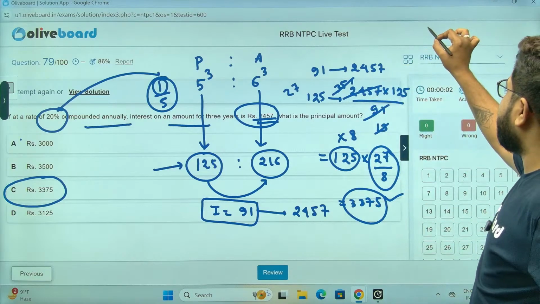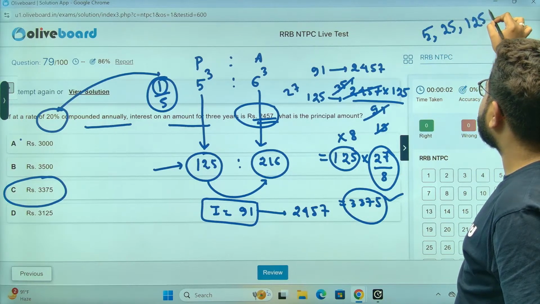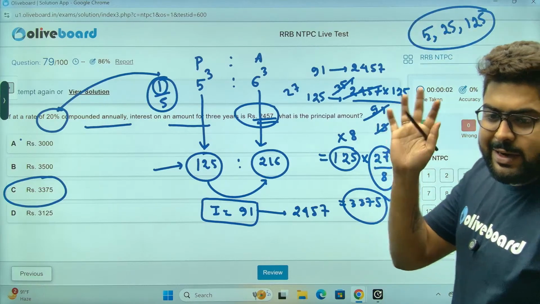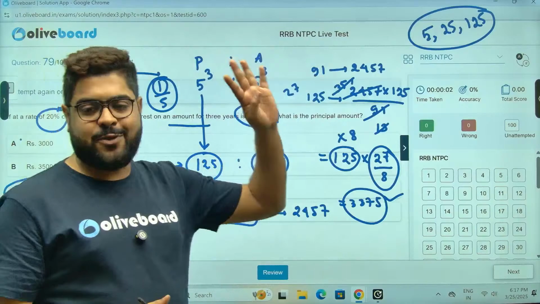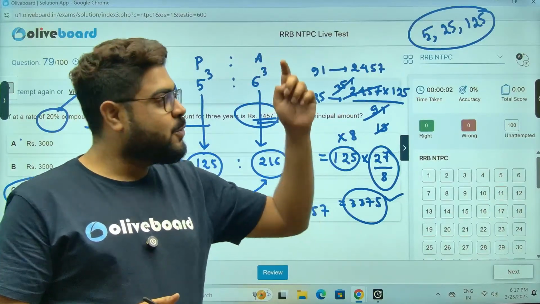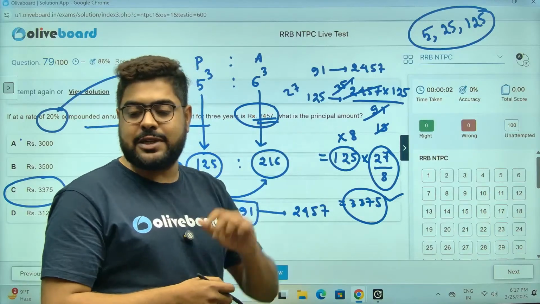Again, 5, 25, 125: these three have girlfriends, they have three girlfriends. For 5 the girlfriend is 2, for 25 it is 4, for 125 it is 8. Why? Because 125 into 8 is 1000.